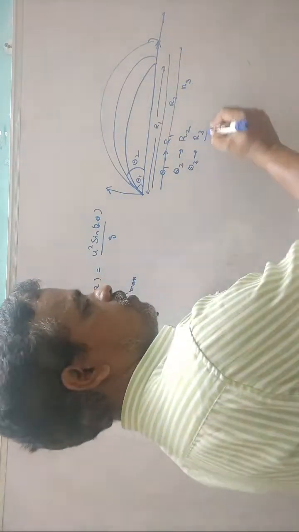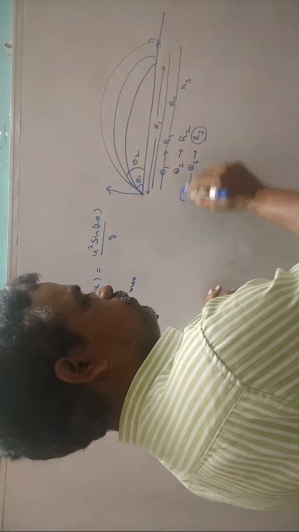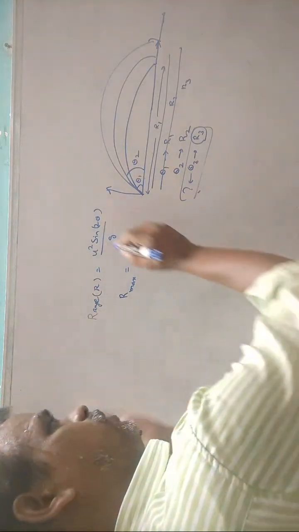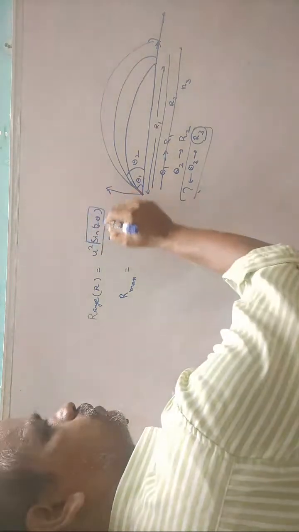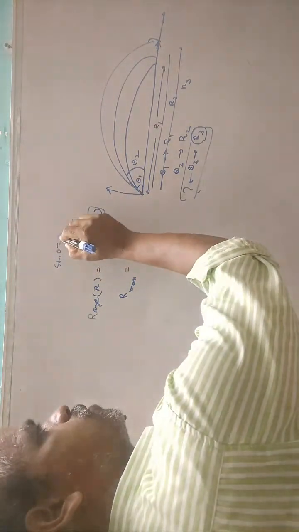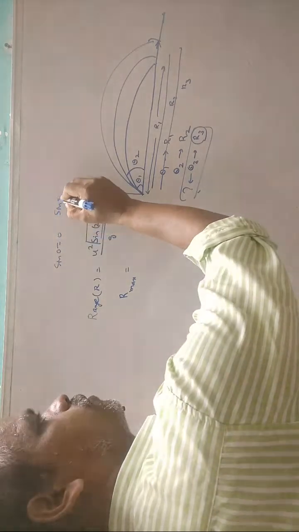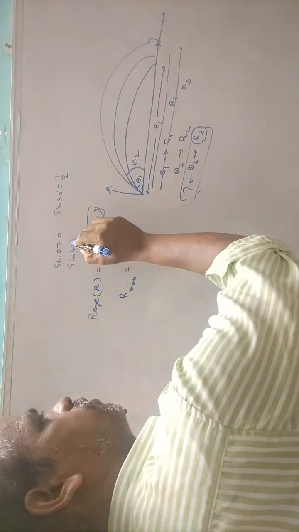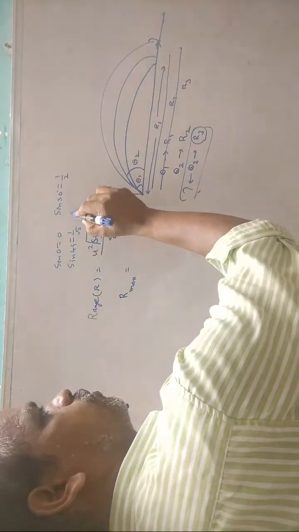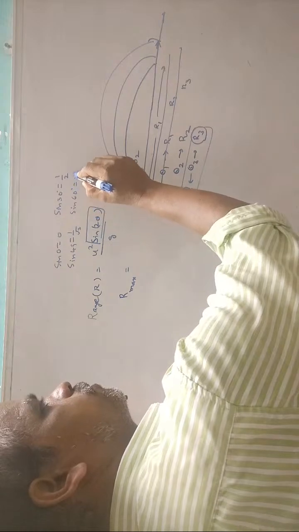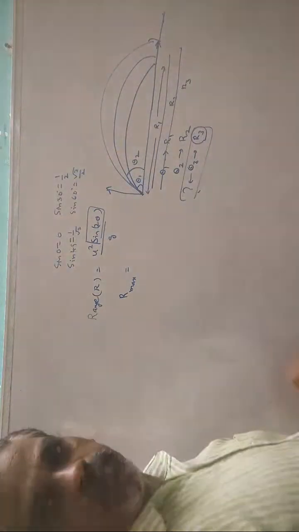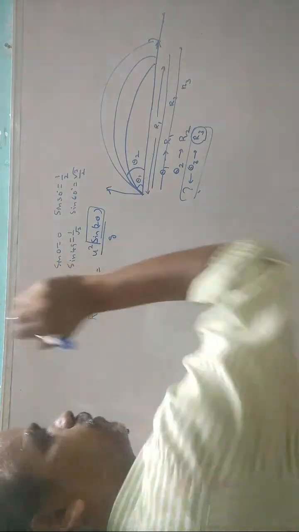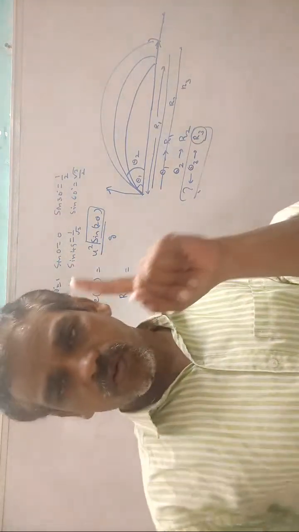Which is greater here? R3 is. What about theta? This is the question. Just substitute here: sine 0 is 0, sine 30 degrees is 1 by 2, sine 45 is 1 by root 2, sine 60 is root 3 by 2, then sine 90 becomes equal to 1.